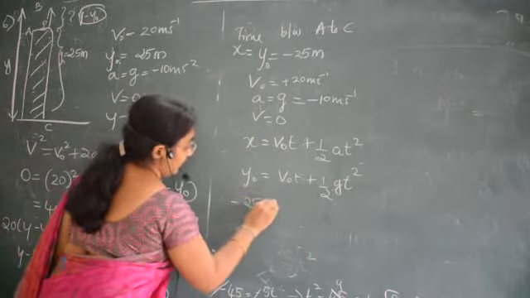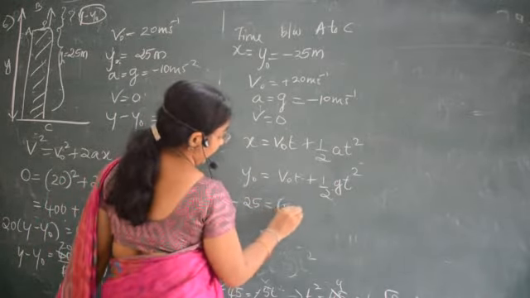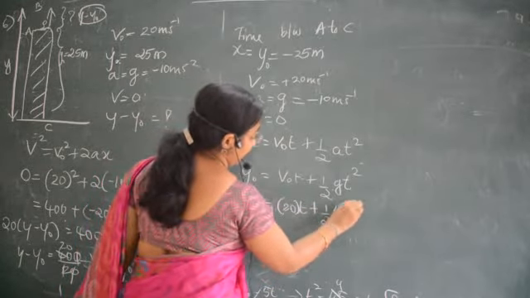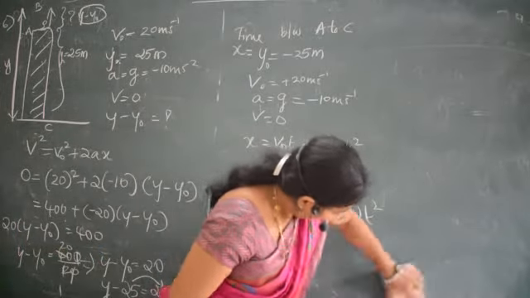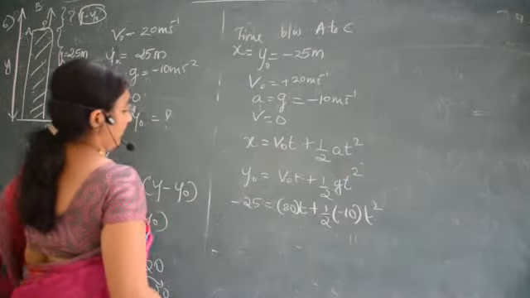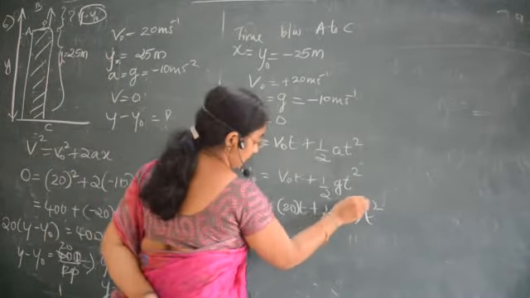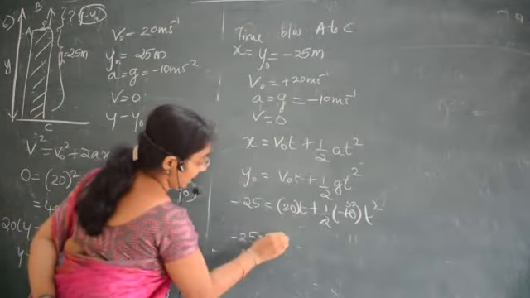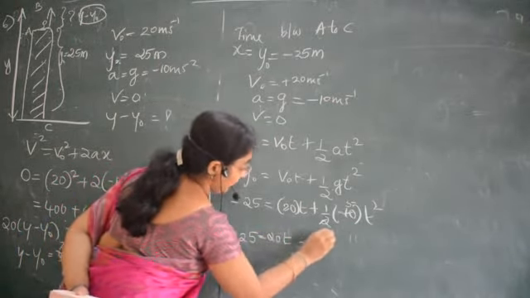Minus 25 is equal to V naught 20 t plus half minus 10 t square. So what do we get? Minus 25 is equal to 20t plus minus 5t square.